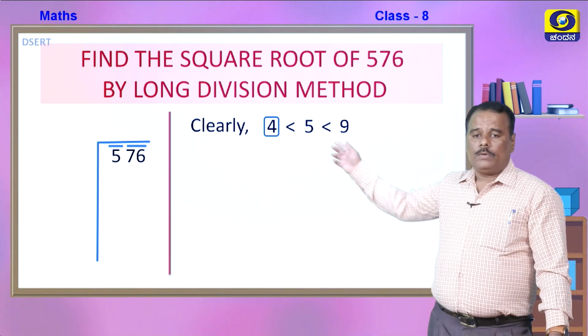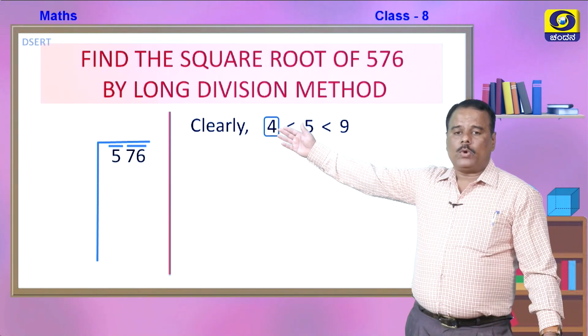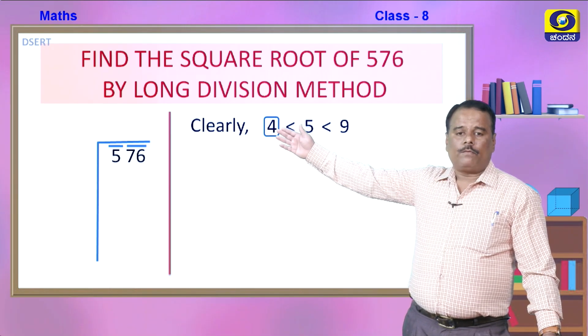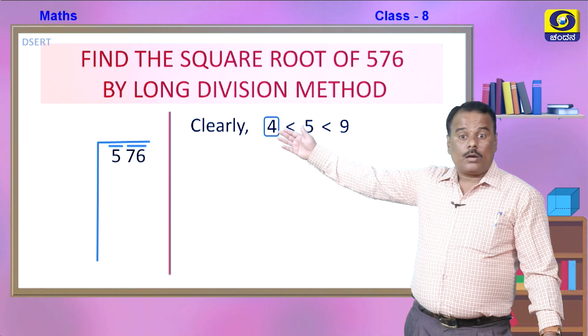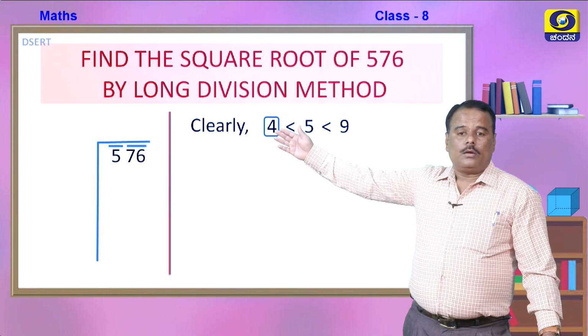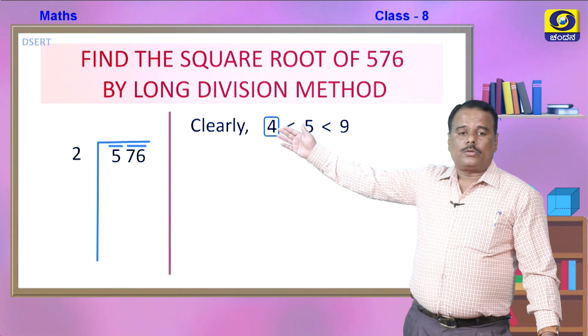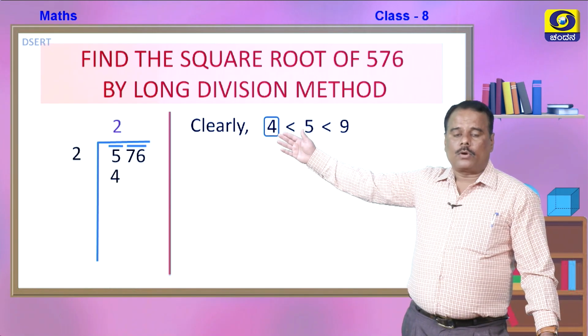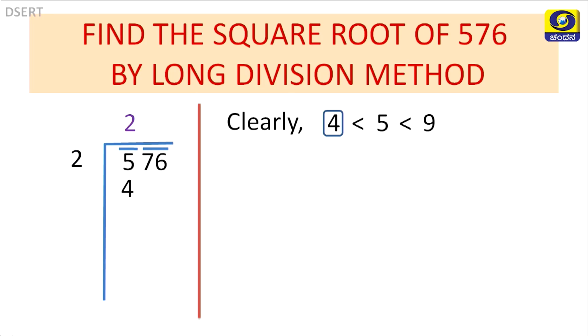Among these, we have to consider the smaller perfect square number, that is 4, and we know that 4 is the square of 2. Then we take 2 and multiply it by 2 to get 4, and subtract 4 from the first group, that is 5.